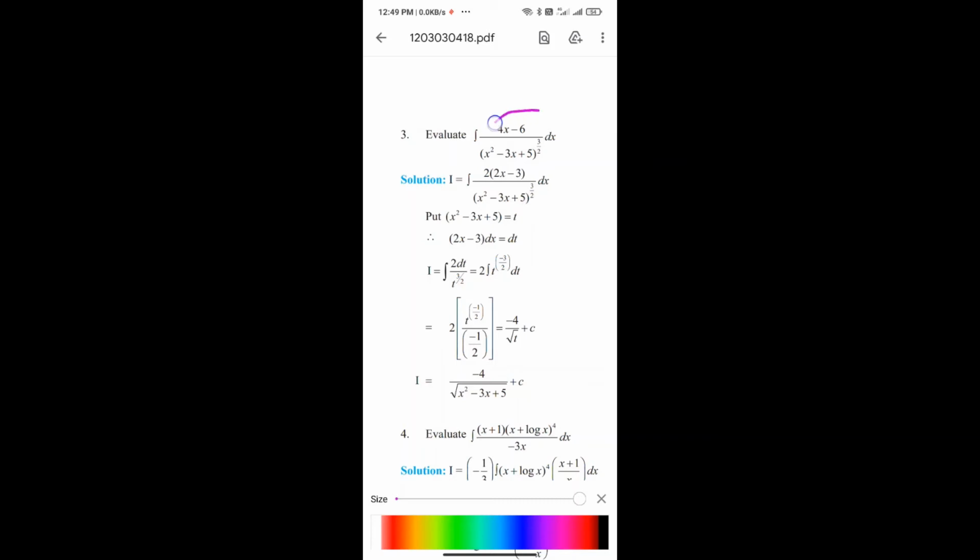So this can be a probable f dash of x dx. Then we have to check can we derive any function like this to get here. So can we differentiate a function to get 4x minus 6? And if we cannot do that, we have to adjust some things. Let's see how we have to do it.